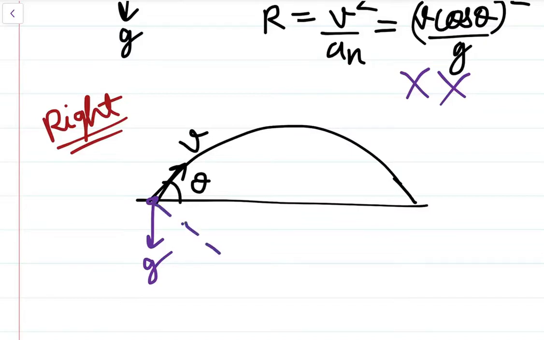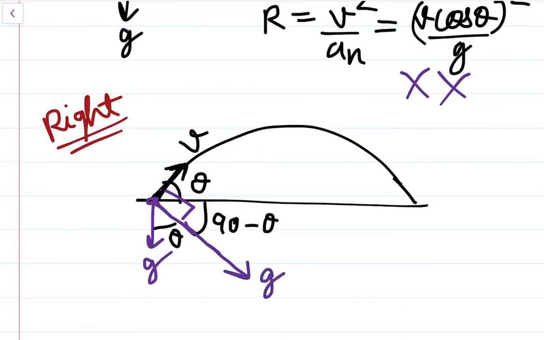So we will take whichever acceleration component is perpendicular to this velocity. Let's see by geometry: if this angle is theta, then obviously this will be 90 minus theta, because it is perpendicular. So this component will come out to be g cos theta, and this component will be g sin theta.